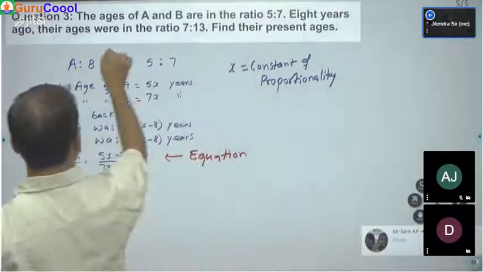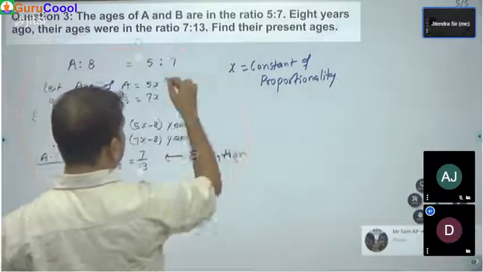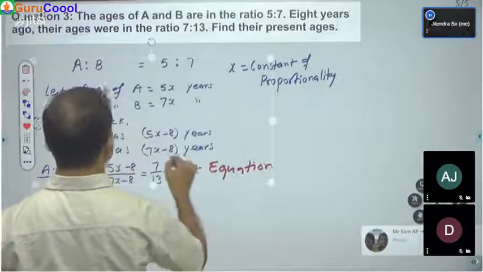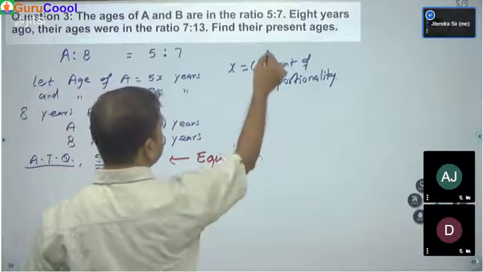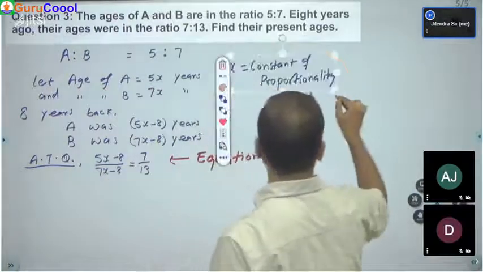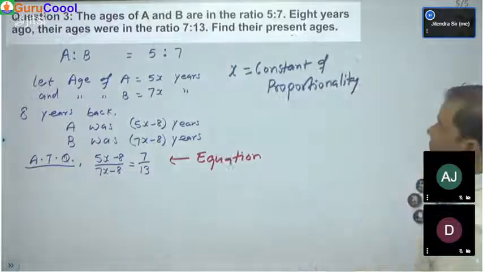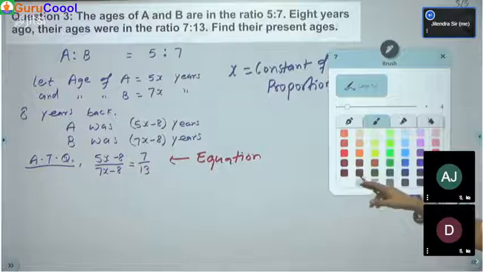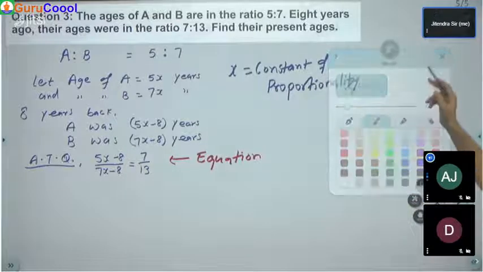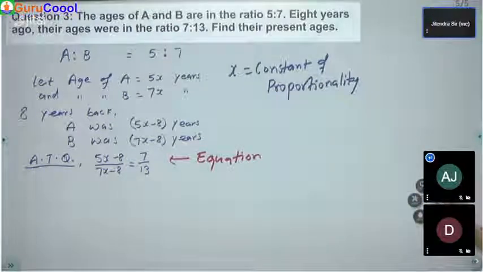Okay, David, got your image? Yes, sir. Anurag, what happened? Sir, I have also sent. Okay.